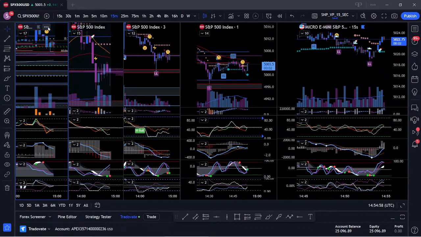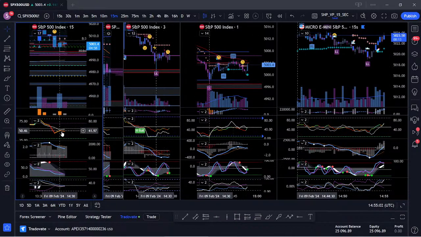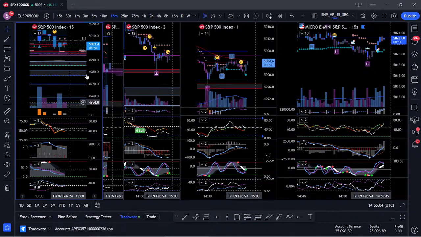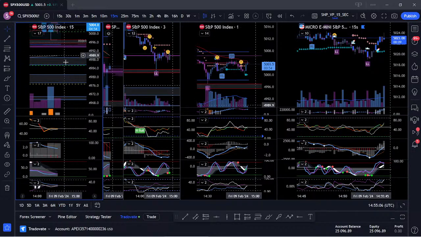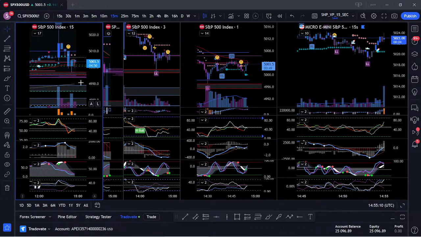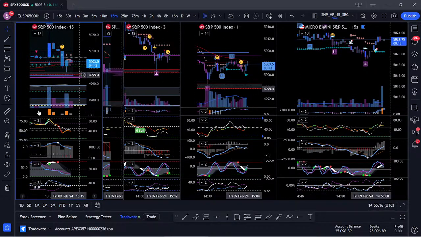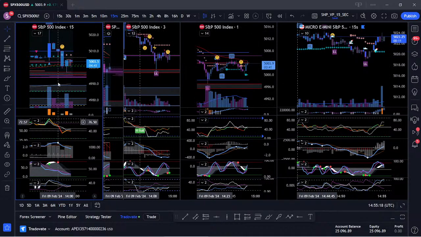On 15 minutes it's coming into the middle, which is 50-50. We don't know what direction it's going to take. Still on the long term, still long, so we expect any moment a direction could change, maybe up or down.